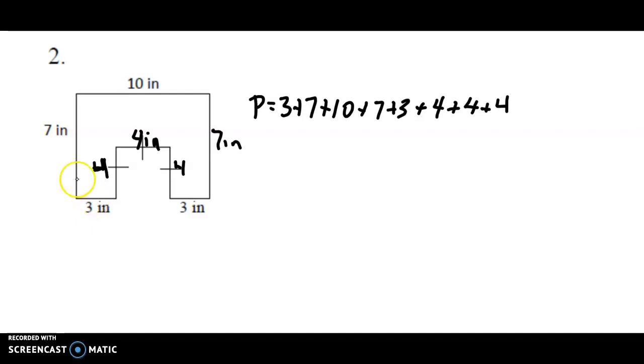So this is 1, 2, 3, 4, 5, 6, 7, 8 sides. 1, 2, 3, 4, 5, 6, 7, 8 numbers. I didn't miss anything, and I would do that before I actually added them to make sure that I get it right. And put that in my calculator, and I'm going to get 42 inches. And that's the correct answer.